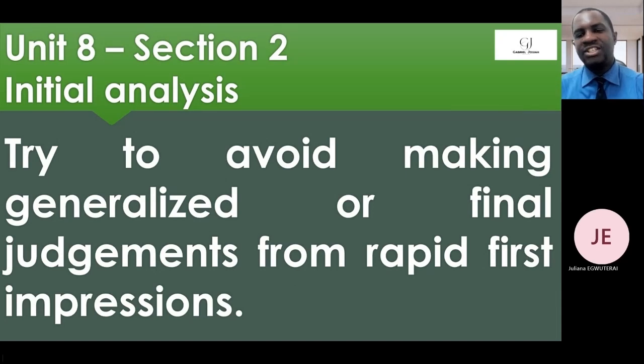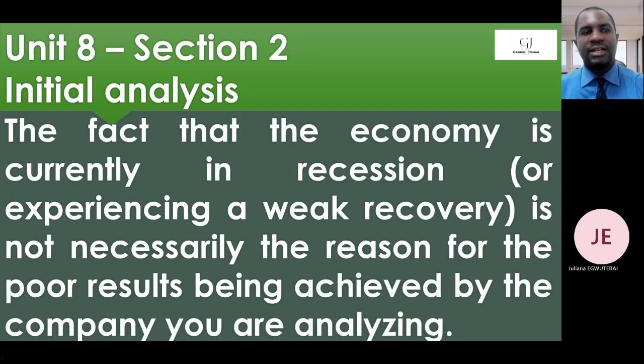So try to avoid making generalized or final judgments from rapid first impressions. Exactly, first impressions may be deceptive, so make sure from your initial review you take note of them, and it will spur you to go into your detailed review of the analysis.